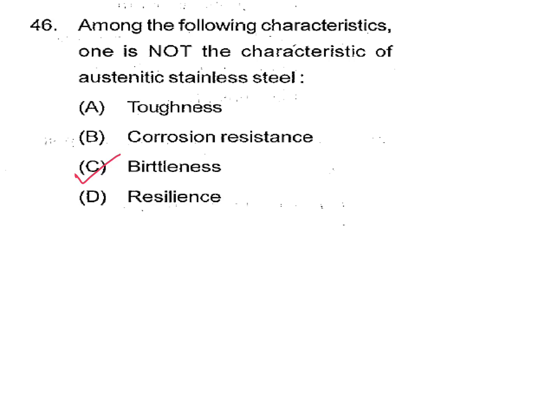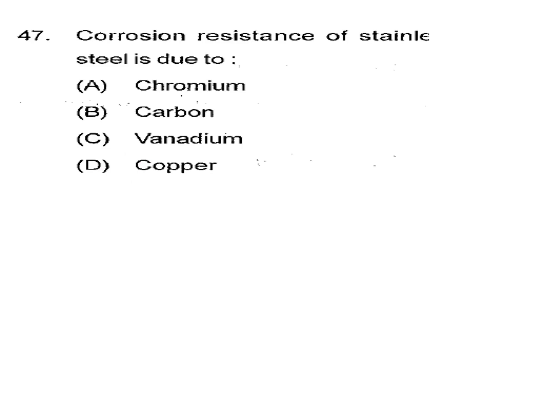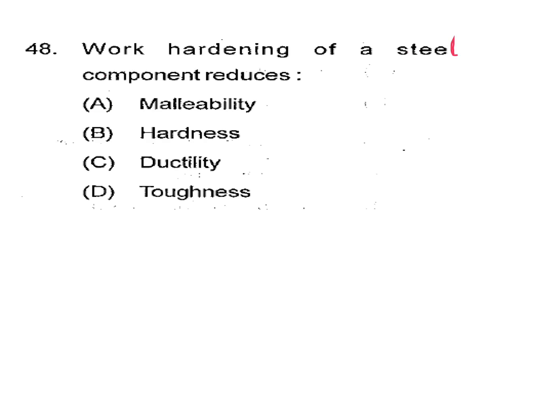Corrosion resistance of stainless steel is due to: A, chromium, B, carbon, C, vanadium, D, copper. Chromium is our answer. A is our answer. This question was also already discussed in the quick review for production.